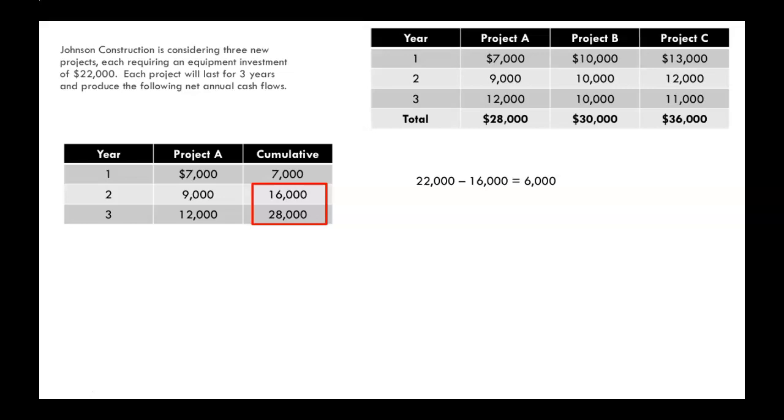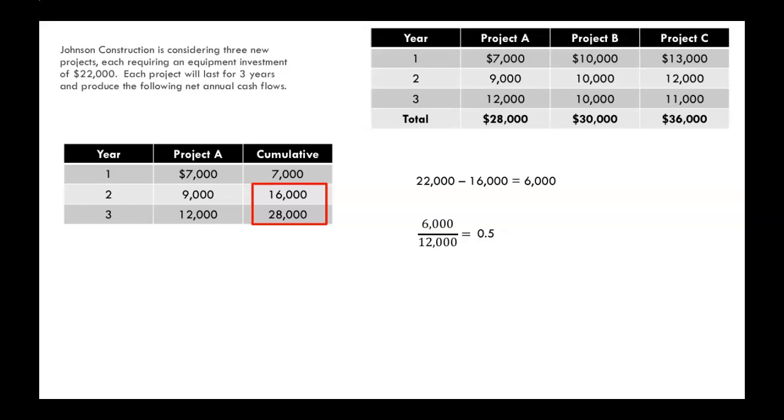So what we can then do is take that $6,000 that we found and divide it by the $12,000. The $12,000 is the year 3 cash flows. In year 3, we made $12,000. So we're trying to figure out at what point in year 3 did we make that $6,000 that we needed. Well, 6,000 divided by 12,000 is just 0.5.